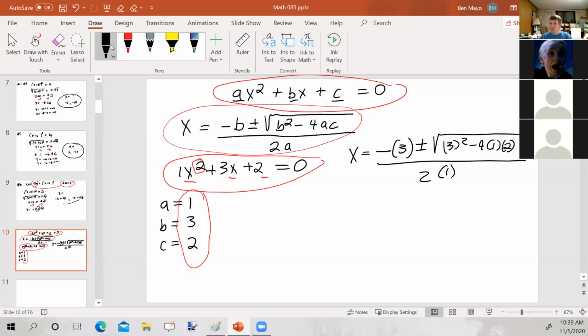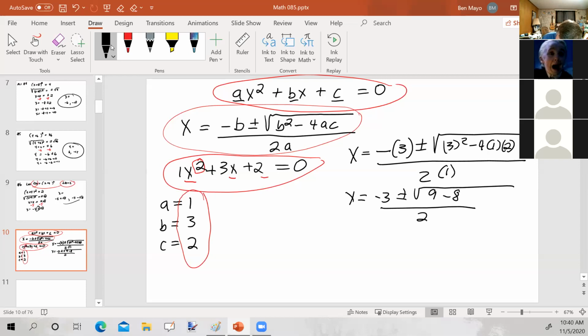Now it's a matter of arithmetic and using order of operations. So continuing to simplify, I get x equals -3 plus or minus the square root of 3 squared is 9 minus 4 times 1 is 4 times 2 is 8, so -8, all over 2 times 1, which is 2.